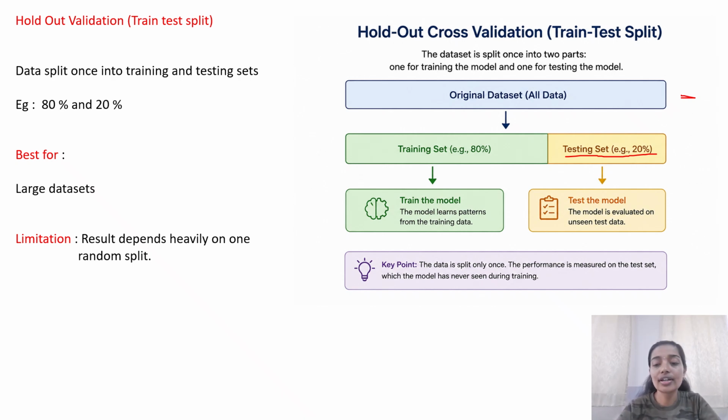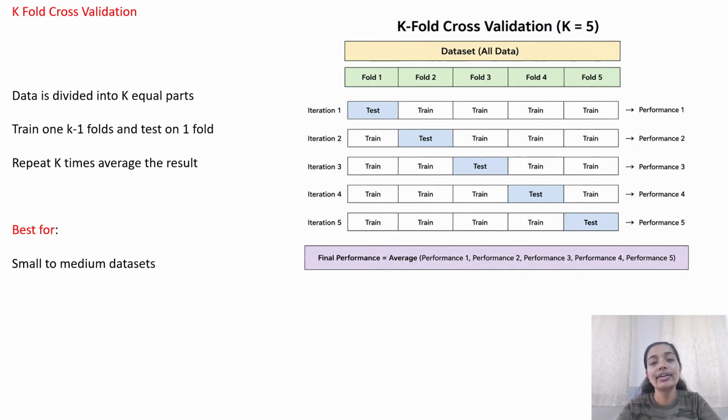Let us start with the second type, that is k-fold cross-validation. As we discussed in the KNN algorithm, we had a value of k, that is the number of neighbors, and the result mostly depended on the value of k. That is a very important concept in the KNN algorithm.